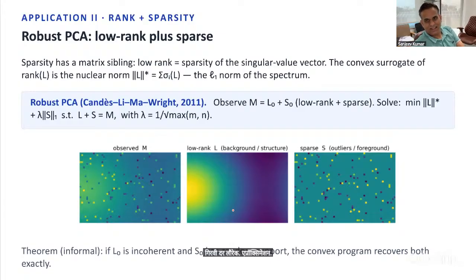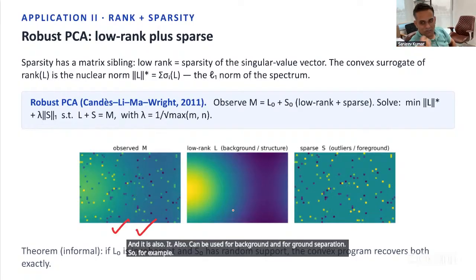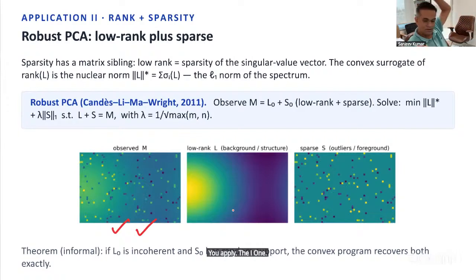It can also be used for background and foreground separation. For example, given this image, you apply the L1 minimization, and I will get the separated version of it. L0 or L1; L0 means ultimately you will apply L1 only.